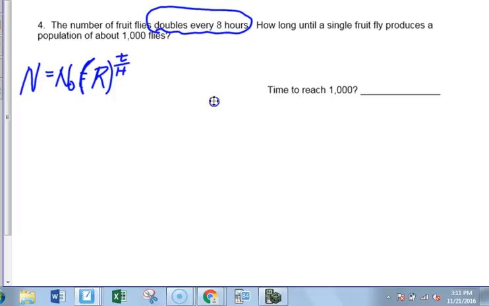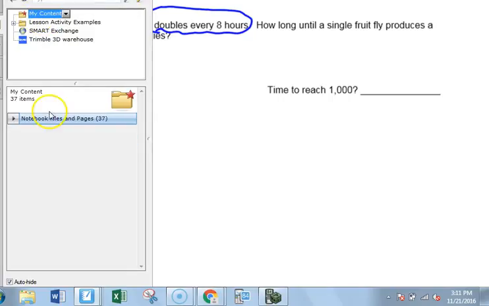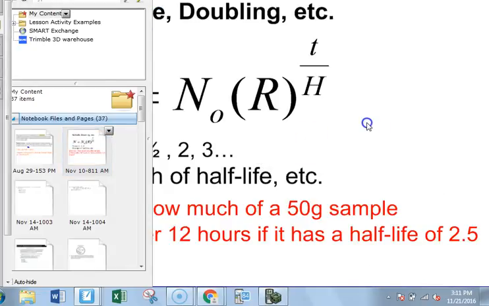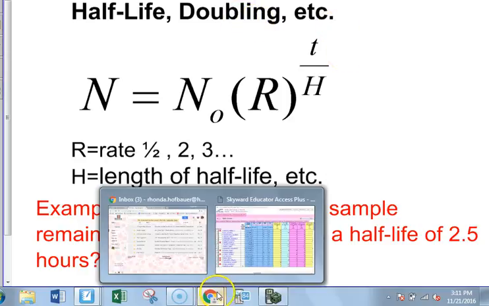If it has a half-life of, then you use T over 1600 or whatever the half-life is. I think I had you write a couple notes on the sheet about what that looked like. Here was the slide, and it said the rate and the length of the half-life, etc. So it says half-life doubling, etc. Does that help? So you know to use it then? You can actually do this problem with a K as well, but.